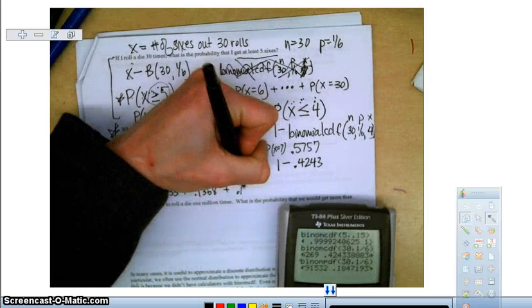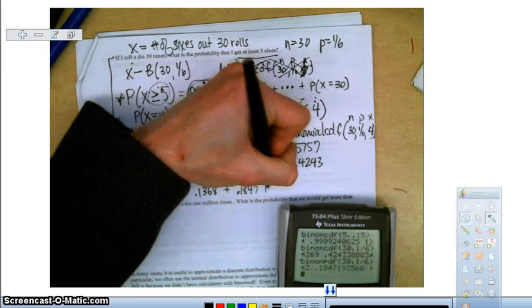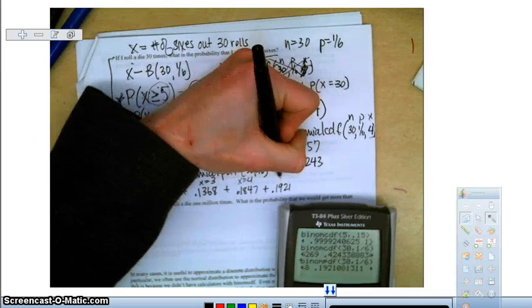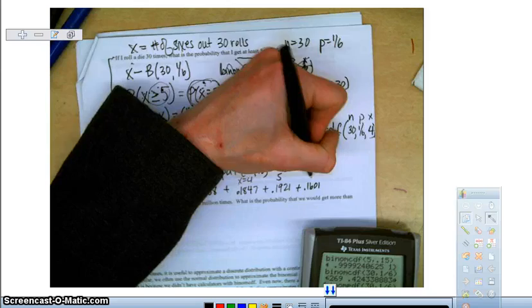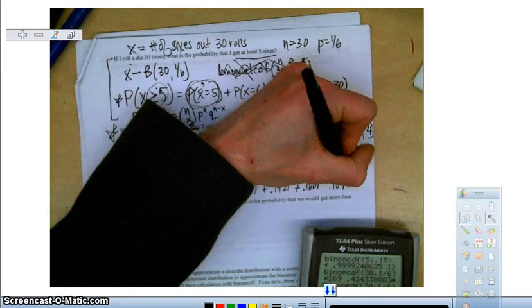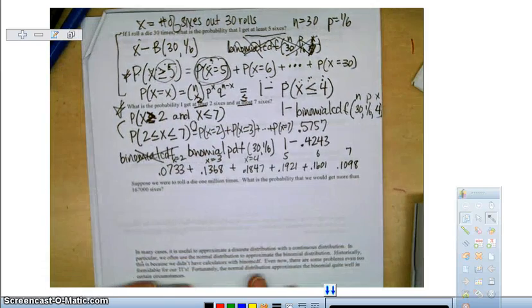which is 0.1847, and then plus 0.1921, that's 5, and then 0.1601, that's 6, and then finally 0.1098, that's 7. And then we just add those up.